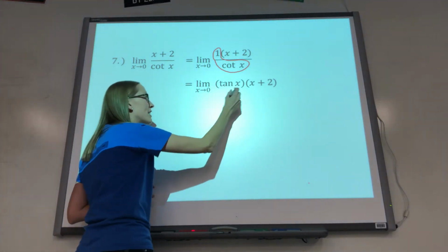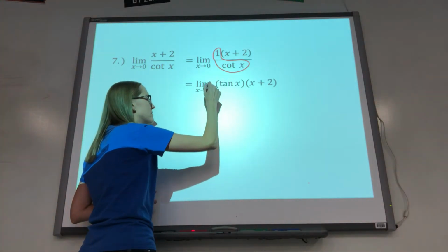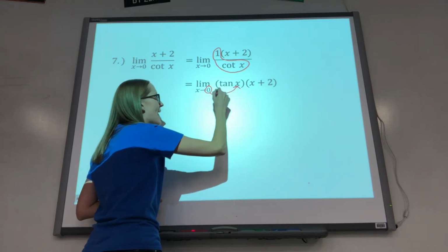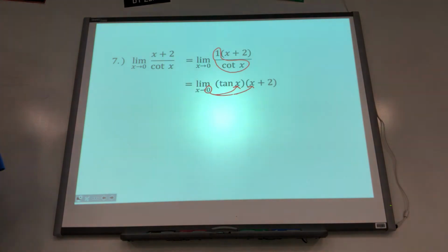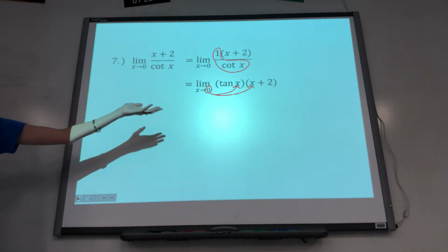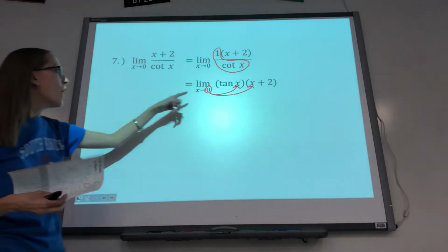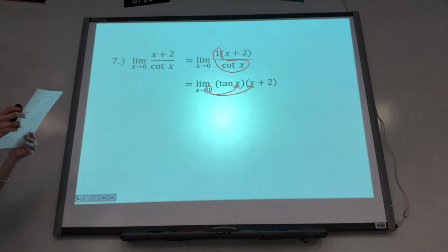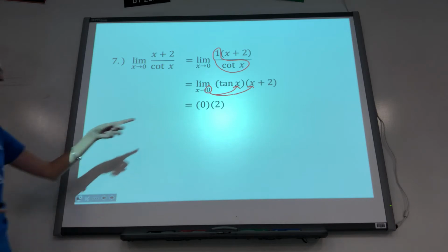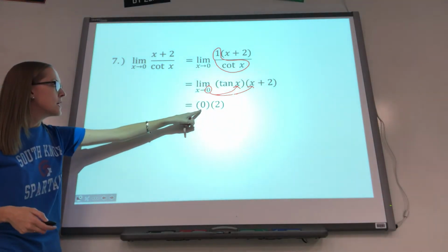Now, from here, direct substitution may actually work because it's not a fraction anymore. You're not going to be concerned about getting a 0 on bottom because there is no bottom. It's not a fraction. When you plug in the 0 right here, tangent of 0 is actually just 0.